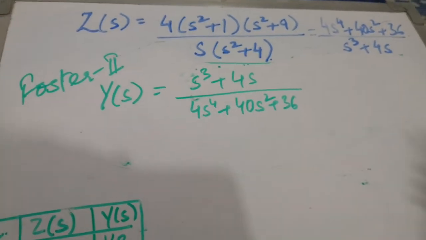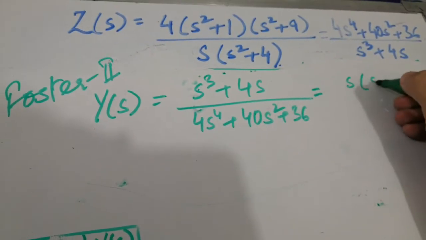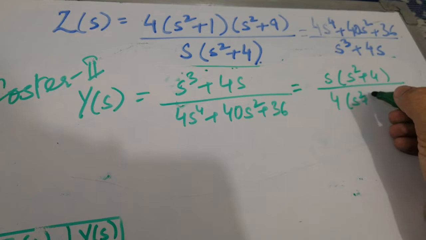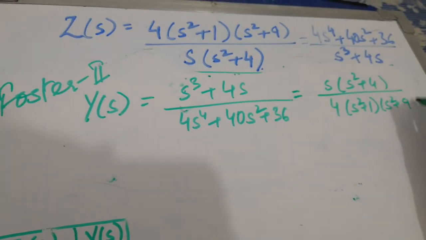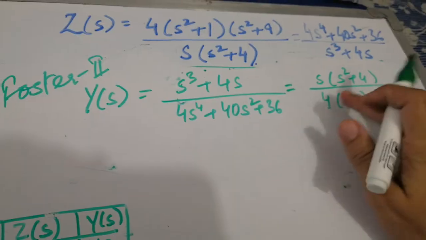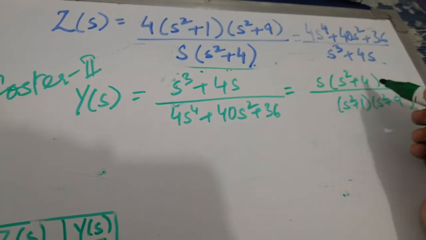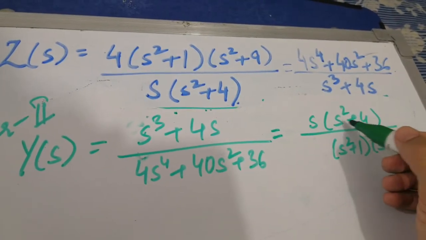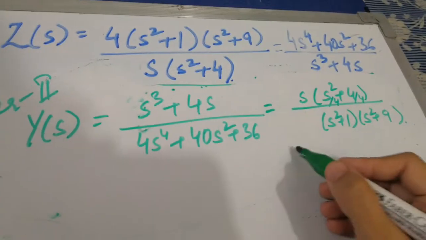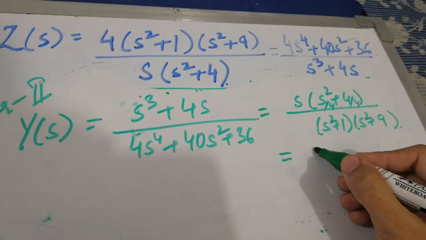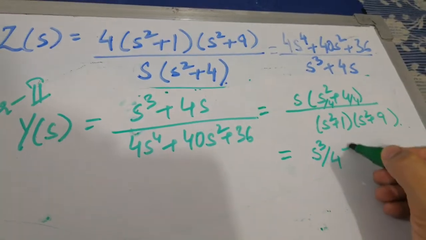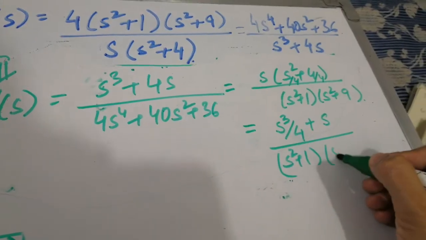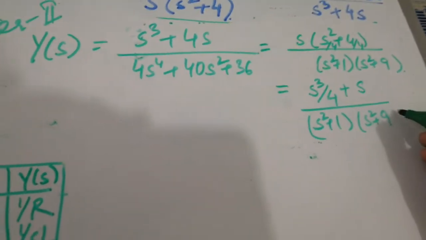So we can directly go with the partial fractions. Taking this above, I can go for s square upon 4, so this is going to give me s cube by 4 plus s divided by s square plus 1 into s square plus 9.